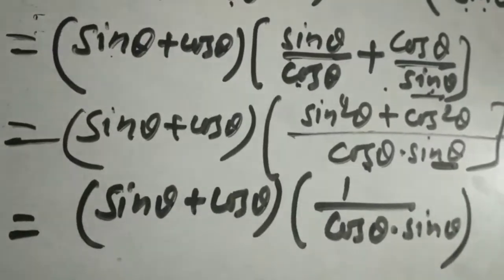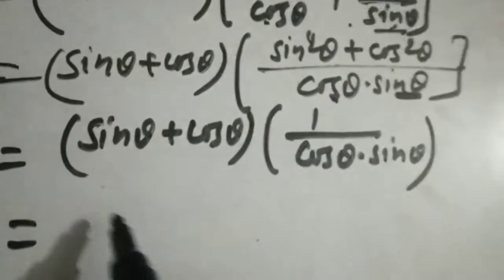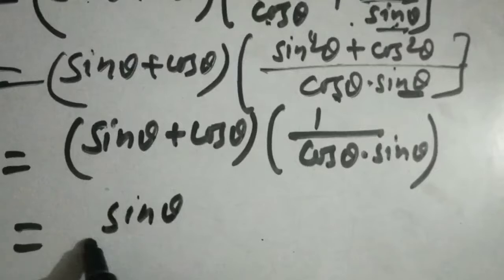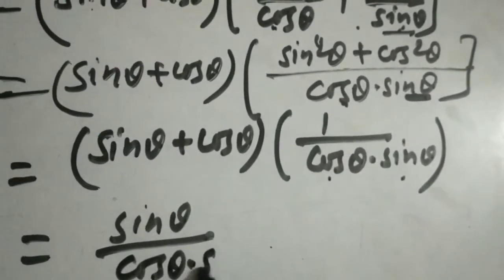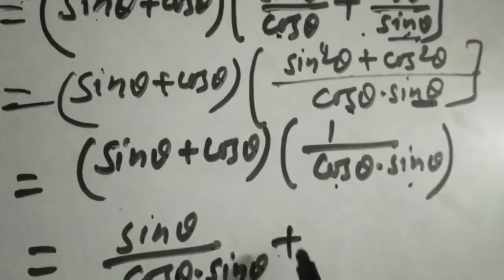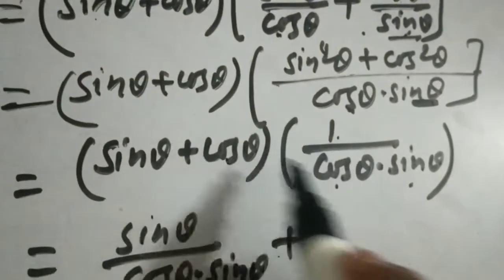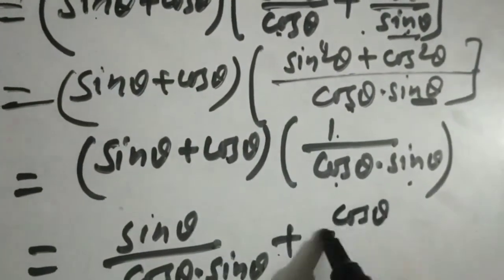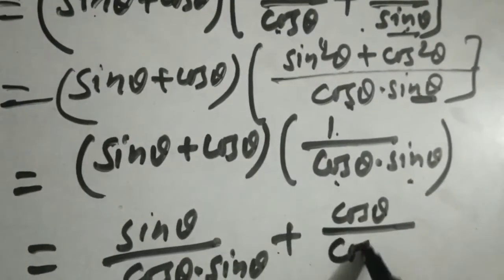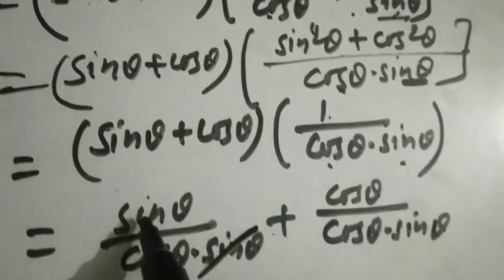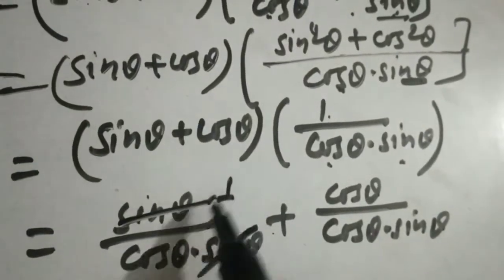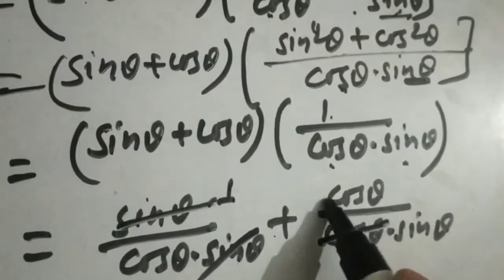Now let us multiply it. Sin multiplied by 1 will be sin theta by cos into sin, and plus 1 multiplied by cos will be cos upon cos into sin. So sin will cancel with sin, and cos will cancel with cos.